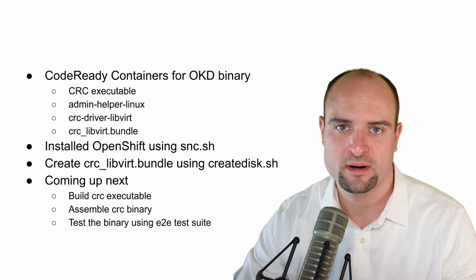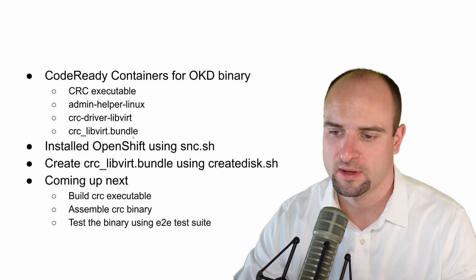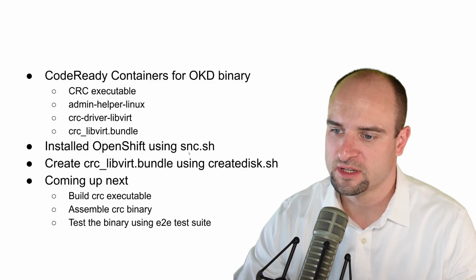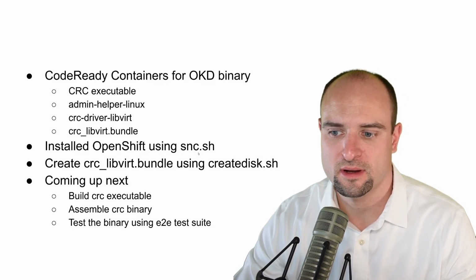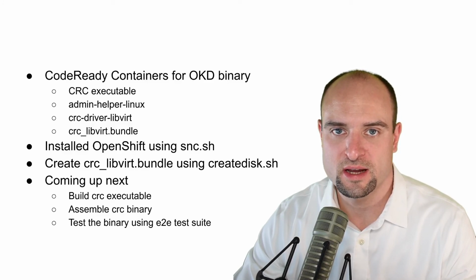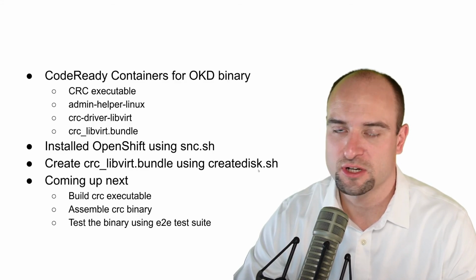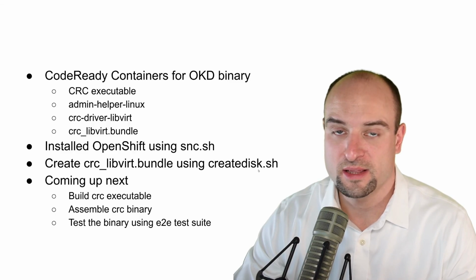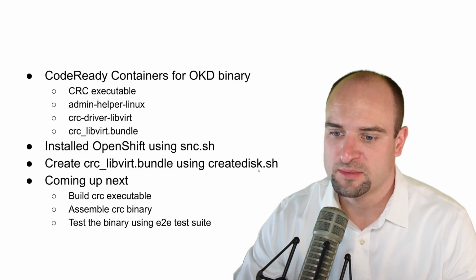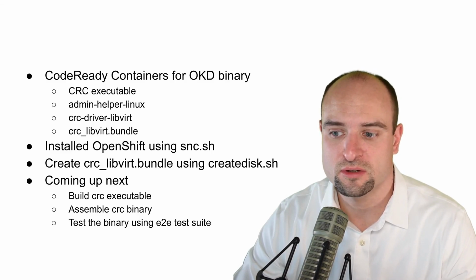We spent the remainder of the video building our own CRC Libvirt bundle. And for that, we first reviewed the single node cluster shell script. We used this shell script to install OpenShift as a single node cluster on Libvirt. And after that, we ran the create disk shell script, which created a bundle. And this bundle or archive included the virtual machine image of our single node OpenShift cluster.